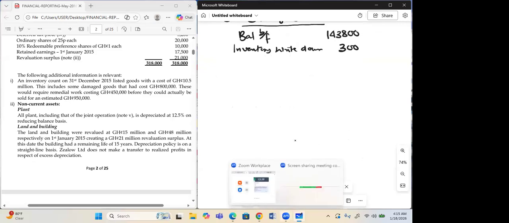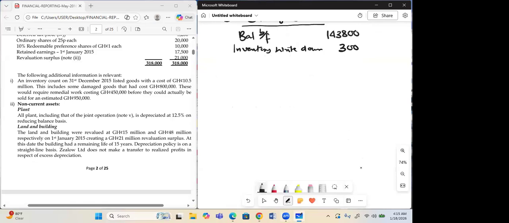Then you move on. Note 2. Look at note 2. It says the following non-current assets. Plant. All plant, including joint operation in note 5, is depreciated at 12.5% per annum on reducing balance. Land and building. The land and building were revalued at 15 million and 48 million respectively on 1st January 2015, creating a 21 million revaluation surplus.